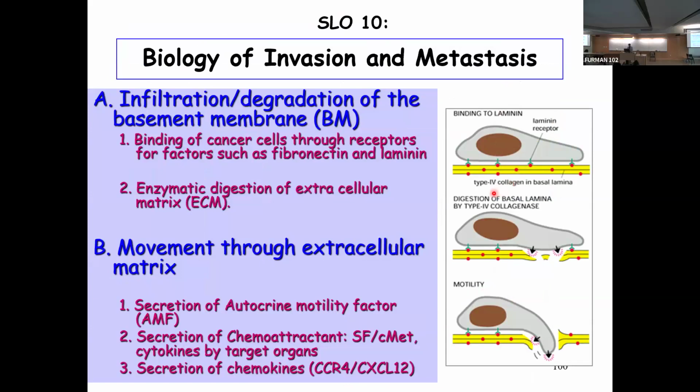They induce enzymatic digestion of the basement membrane, which allows the cells to slip through it. Then they undergo division, which helps the movement of the cells through the extracellular matrix through the secretion of factors, and then secrete chemoattractant molecules, which allow them to slowly migrate and go into the blood vessels.